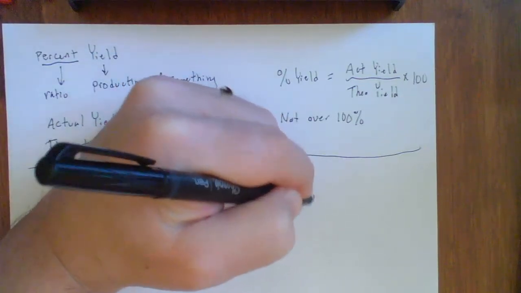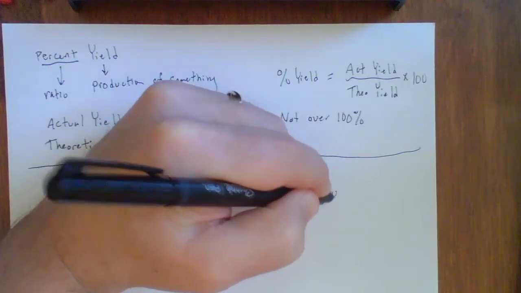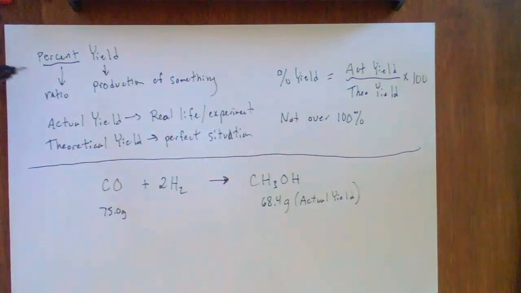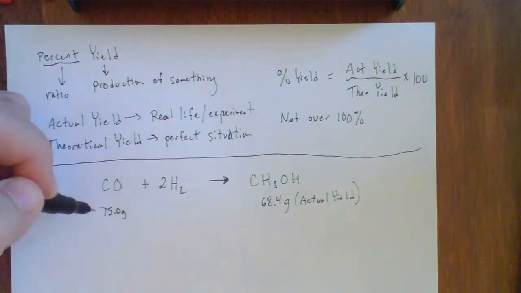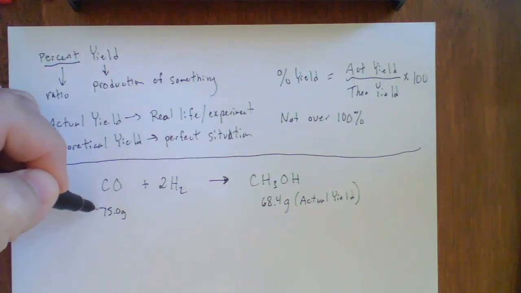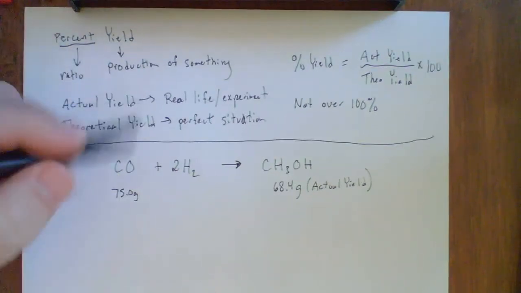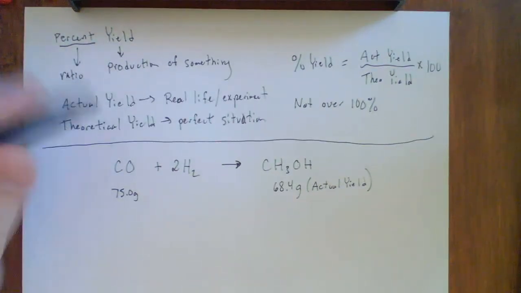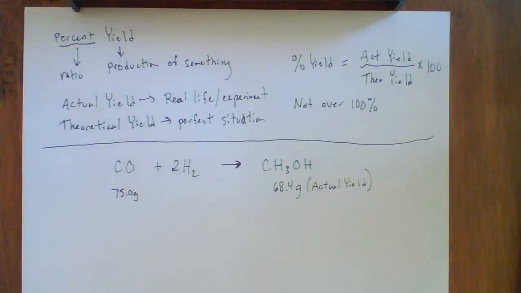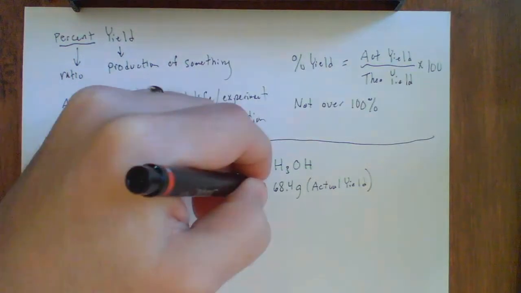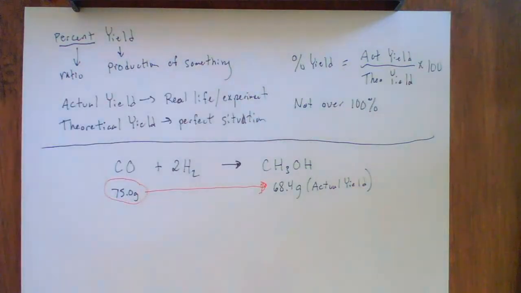This is the actual yield, because they're going to tell us that number in a problem. So we know how much we're going to actually get. And this is what our reactant is that we're starting with. So we're going to set up a stoichiometry problem to get from this, our carbon monoxide, to this, so we can make a comparison.